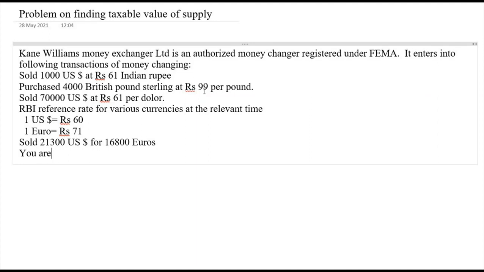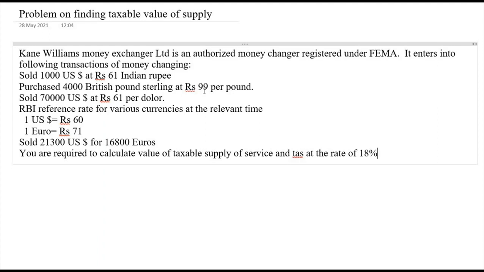You are required to calculate the value of taxable supply of service and tax at the rate of 18%.